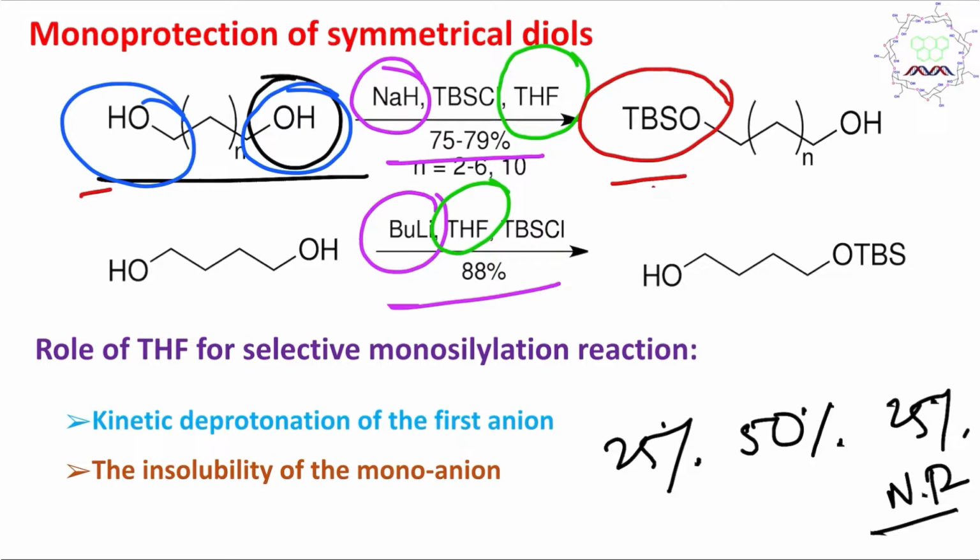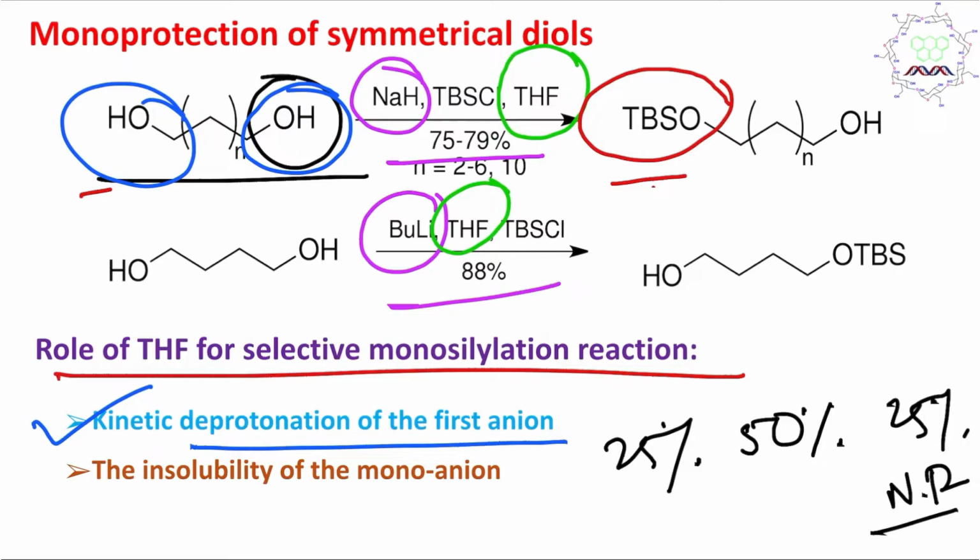Now what is the role of this THF for this selective monosilylation reaction? There are mainly two roles. First, kinetic deprotonation of the first anion, obviously an acid-base reaction, but the most important thing is the insolubility of the monoanion. Whenever this monoanion, O minus, is produced by deprotonation, it is not soluble in THF.